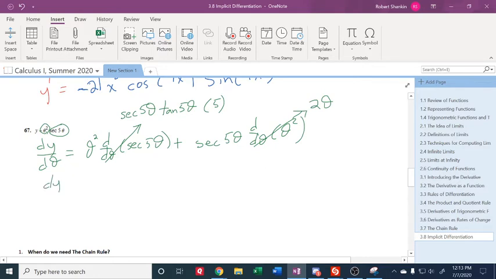So dy d theta is equal to, I'll put the 5 up in front, plus 2 theta secant 5 theta. And that's it. Questions or comments?